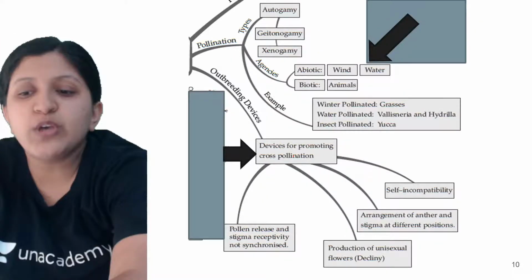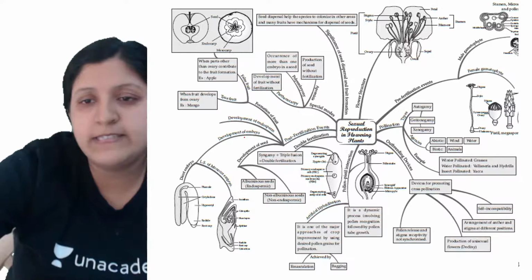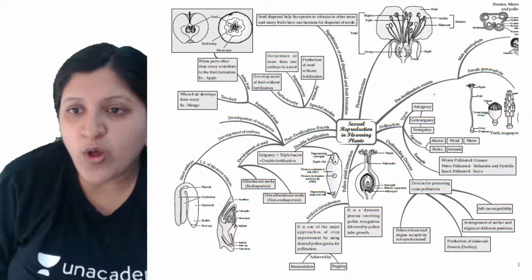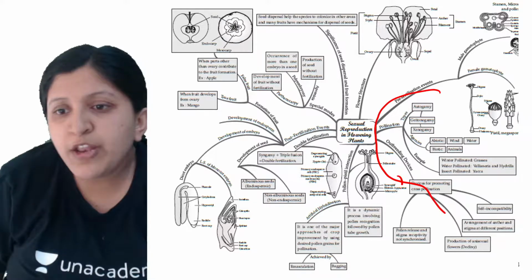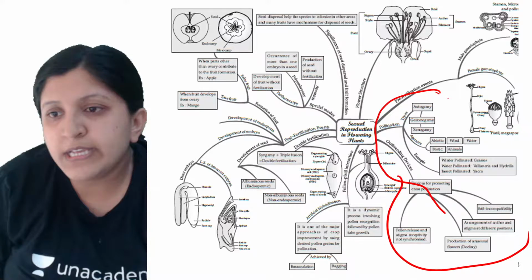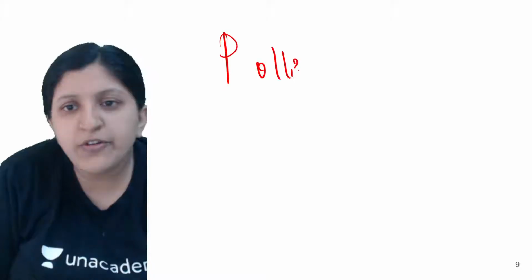You can just refer to these mind maps. I'll show you a part of it. Here you can see the pollination part, where you will also come across the outbreeding devices. We'll discuss this part first. Under pollination, what else is there?